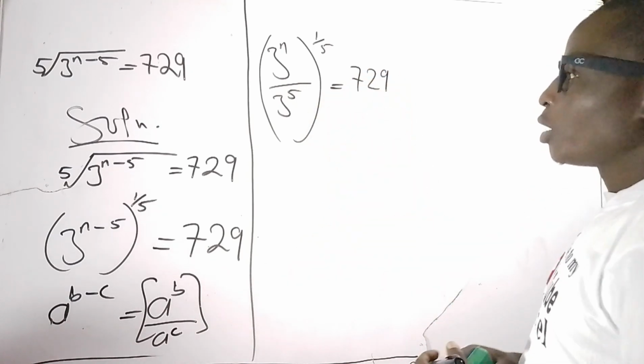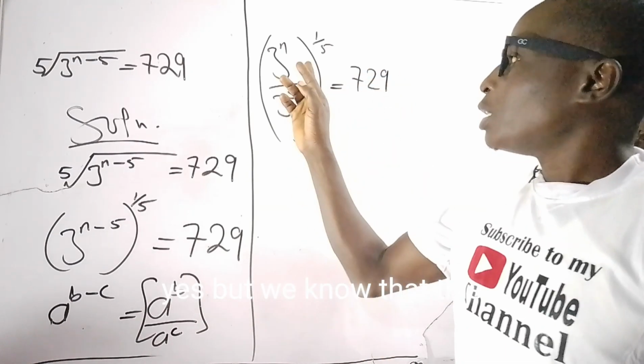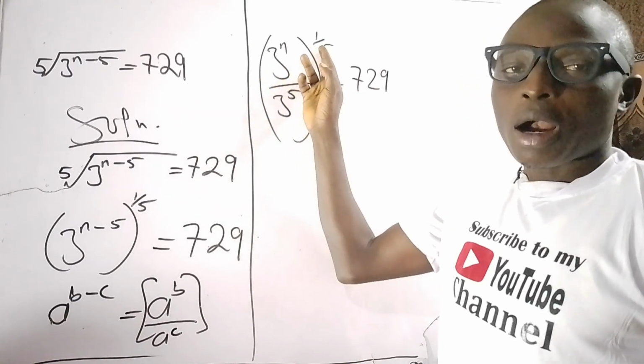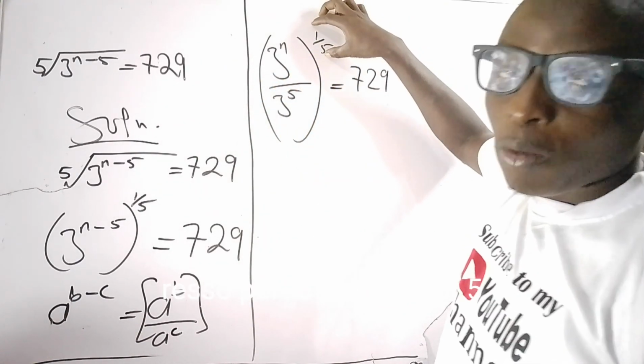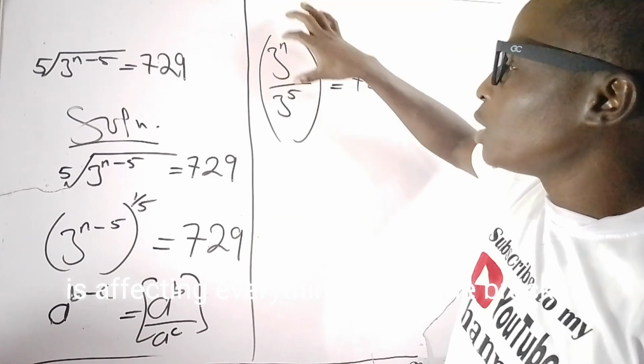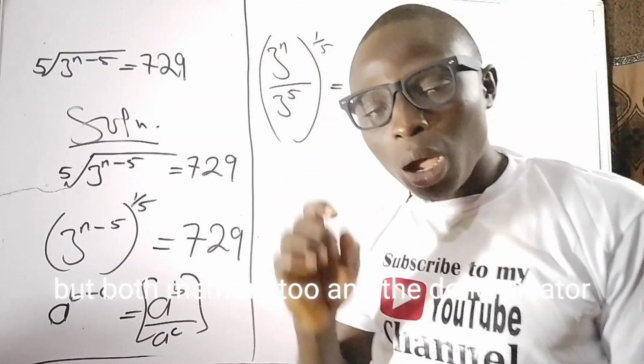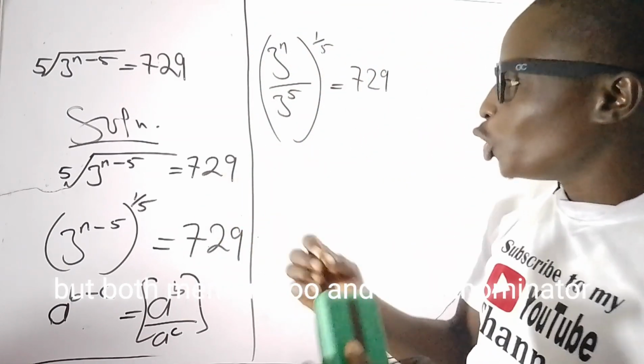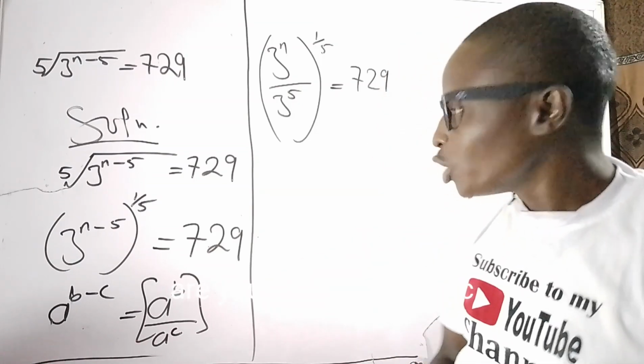We know that this power of 1 over 5 is affecting everything inside the bracket, both numerator and denominator. Are you getting the logic?